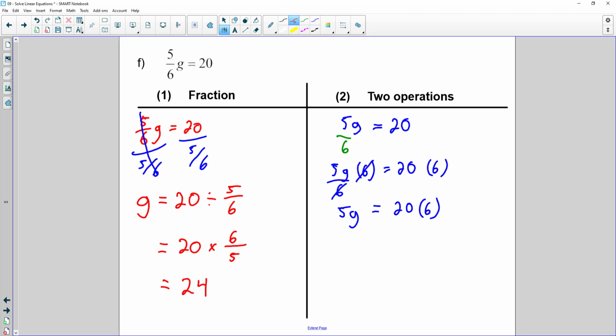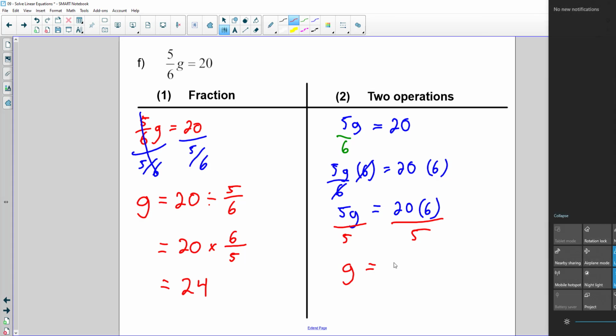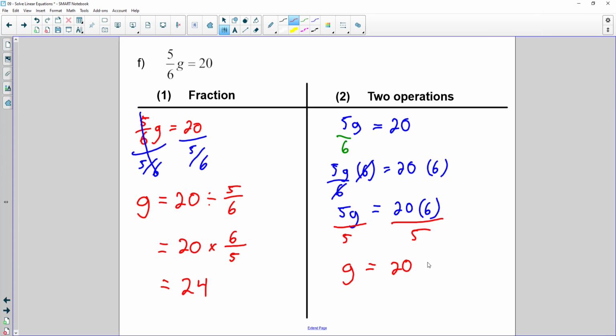But now I'm left with the 5g, so I'm going to divide both sides by 5. So I'm left with g is equal to 20 times 6 divided by 5. Well, look, that's exactly what I have over here. Okay, so multiplying that through, 20 times 6 is 120, divided by 5 is 24. So we can see g is 24.